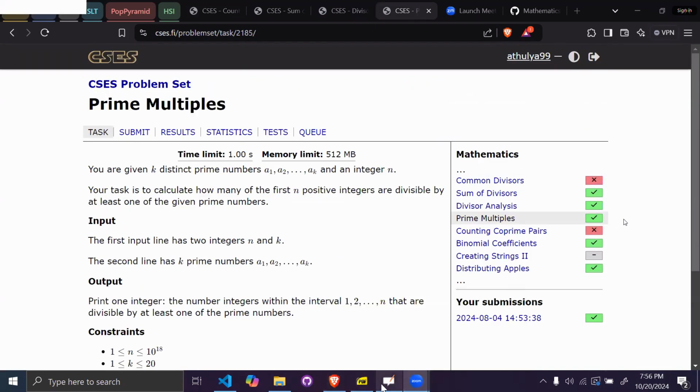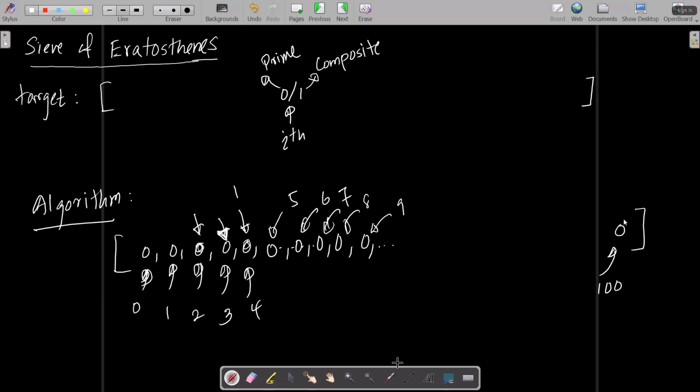But what that problem said was, we are given a number n, and we have multiple queries, let's say Q1, Q2, and Q3, in the same test case. For each query, we are given a number m, which is less than n.